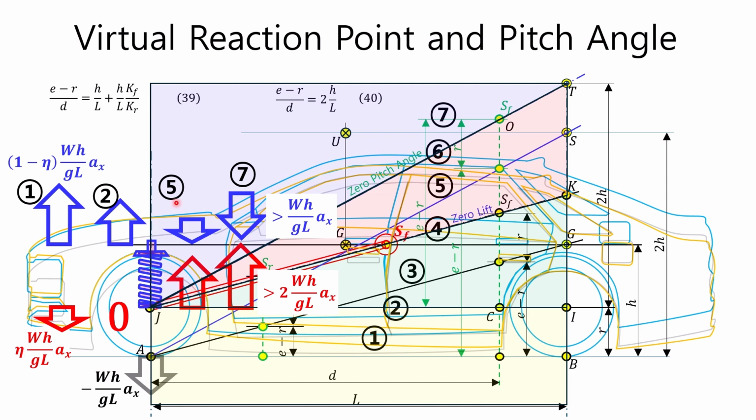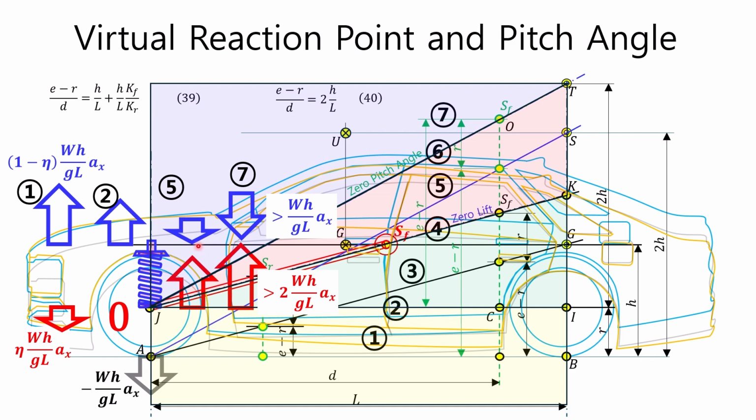Figure 5 illustrates the case where the virtual reaction point lies between the lift zero line, JK, and the pitch angle 0 line, JT, and is shown in light red. In this case, the force tensioning the links acts vertically upward, and the force compressing the spring acts vertically downward.